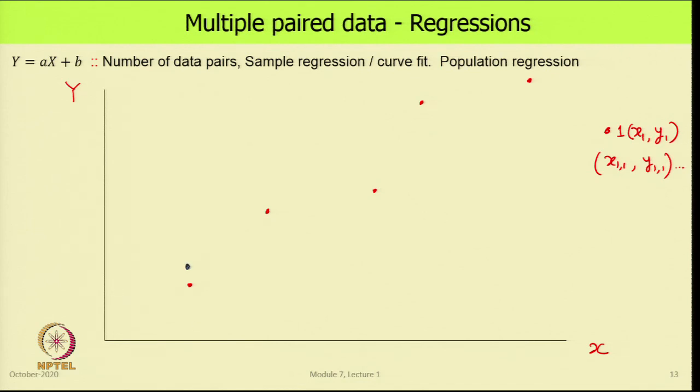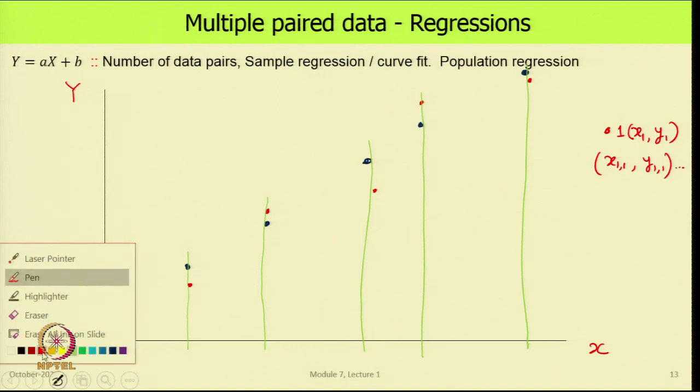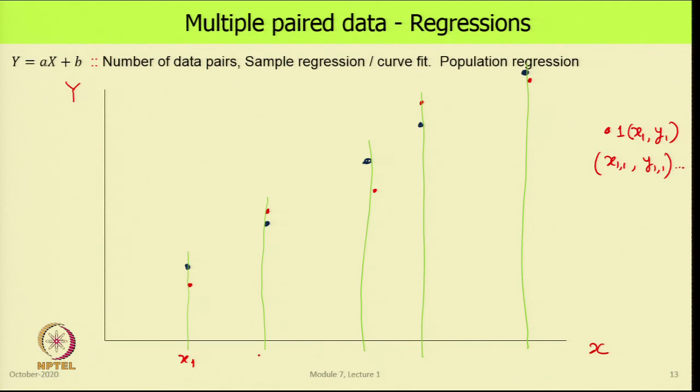So, this value came over there, over there, over there, here and say here. The point is that we are saying that all these have been made at the same value of x. So, x value did not change. This was x1, this was x2, this was x3, this is x4, this is x5.